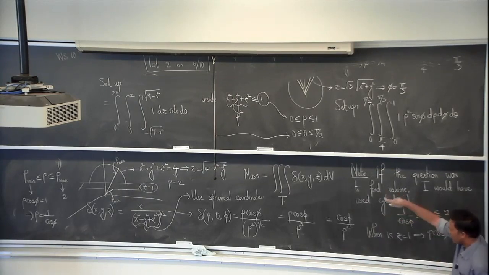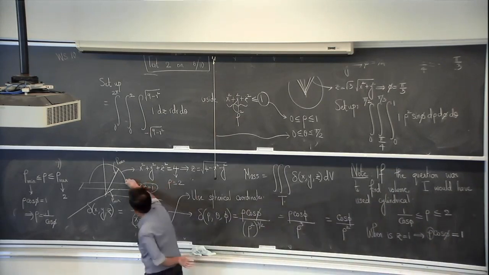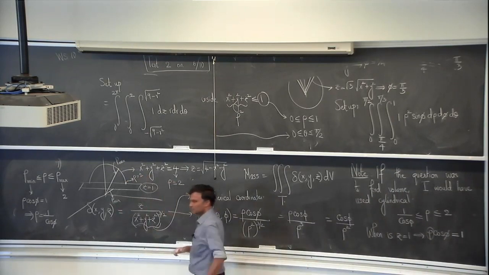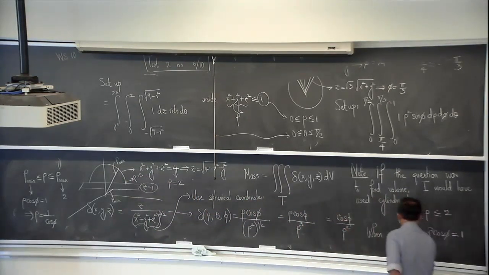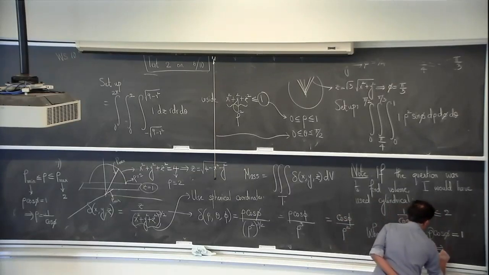When this hemisphere intersects that plane, your rho is equal to 2, because the radius of the sphere is 2 at that point. That is when those two things are going to touch each other. So rho is equal to 2 here. So 2 cosine phi equal to 1. So cosine of phi is 1/2.